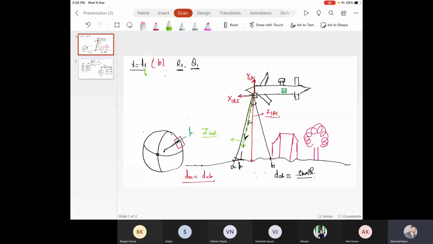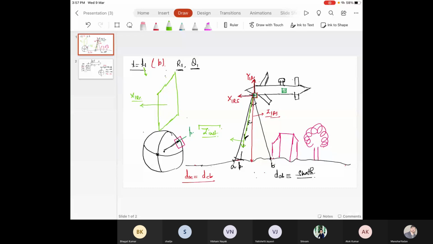No, fine. We have discussed about that. Okay. So the z instantaneous, which we are defining over here, so we are considering the vertical plane. Listen carefully. This is the vertical plane. And this x IRS is perpendicular to the vertical plane.